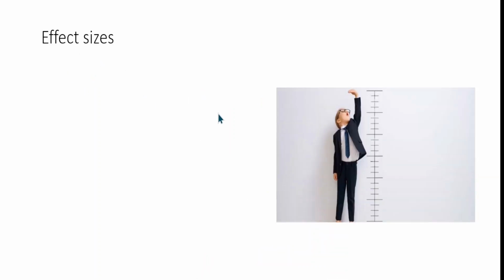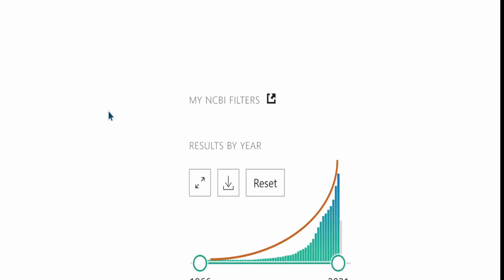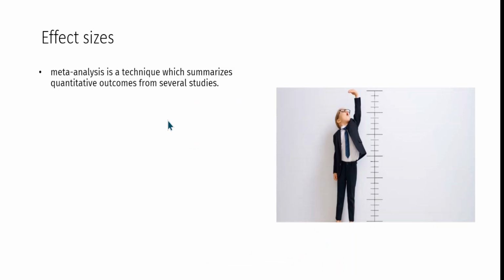And what are effect sizes? Before we define effect sizes, let's talk a little bit about meta-analysis. Meta-analysis is a technique which summarizes effect sizes. You can have multiple, different effect sizes from different reporters, and based on their similarity or comparability, you will combine them.